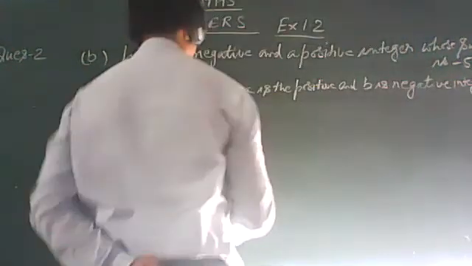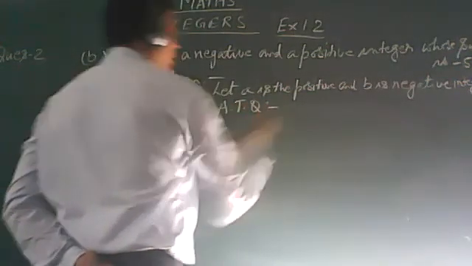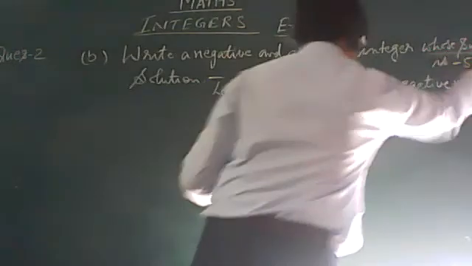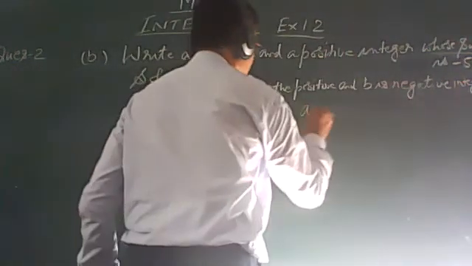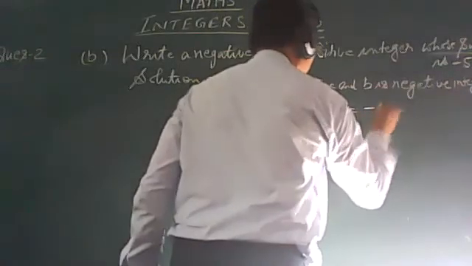Then, according to the question, it is given whose sum, that means a plus b equals -5.